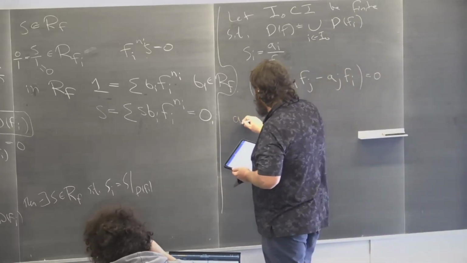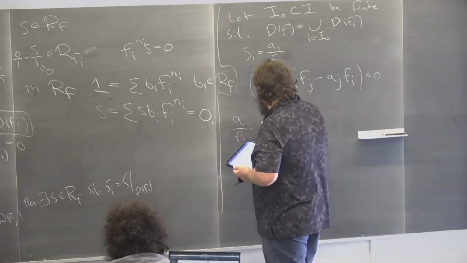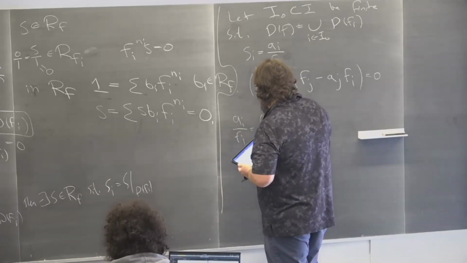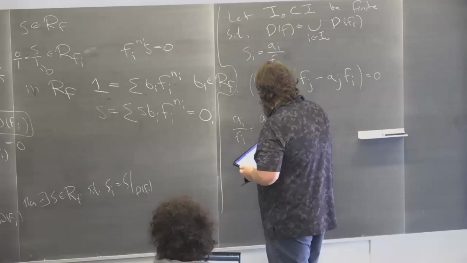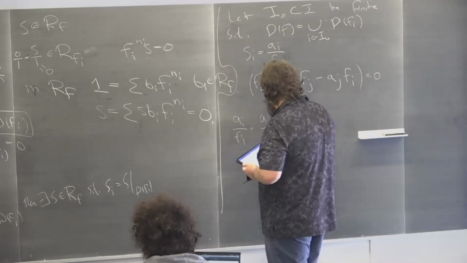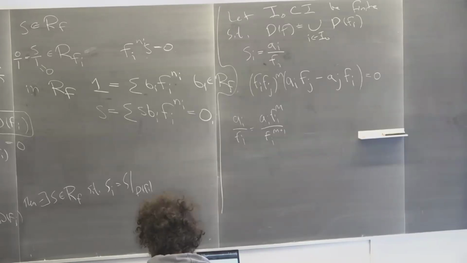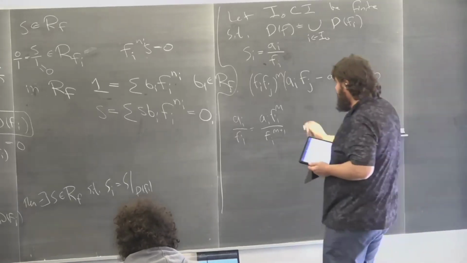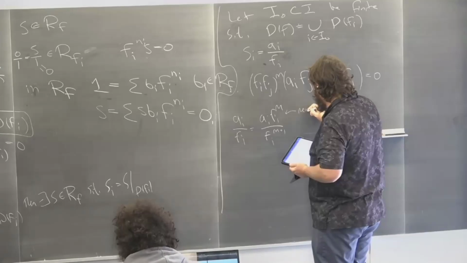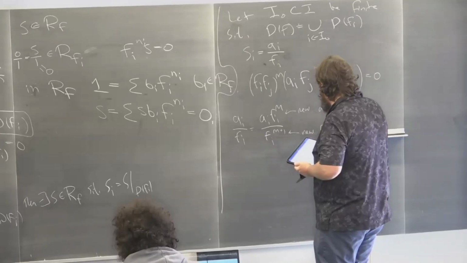I can always write Ai over Fi is equal to Ai times Fi to the M divided by Fi to the M plus 1. And there's nothing special about when I replace Fi with a power, and there's nothing special about A. So I can just make this my new Ai, and I can make this my new Fi.